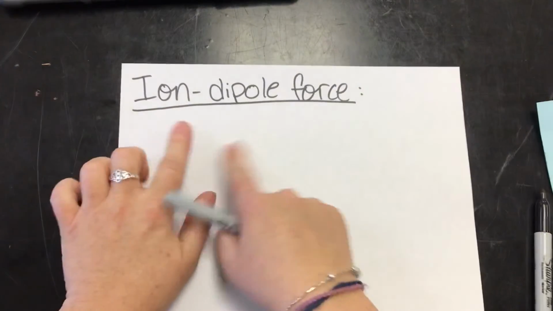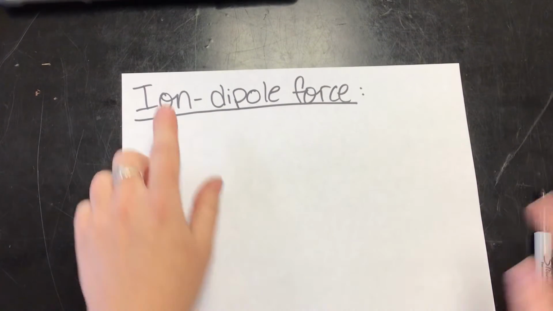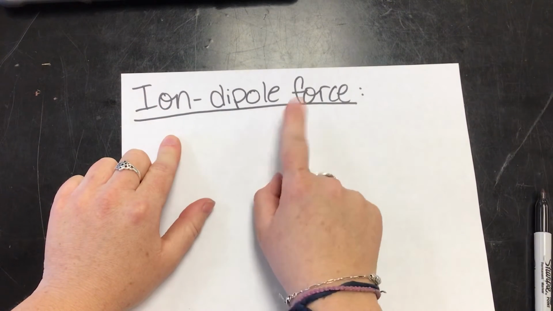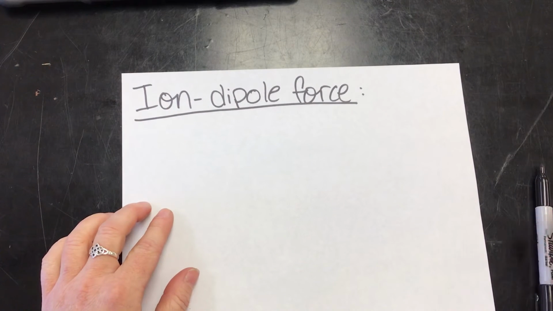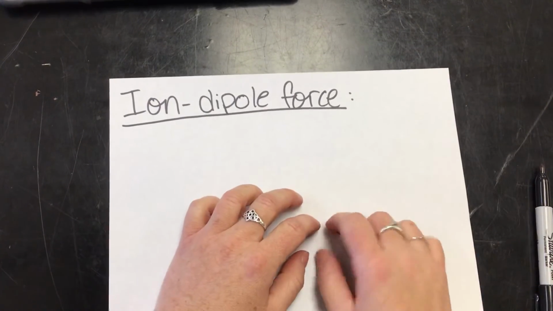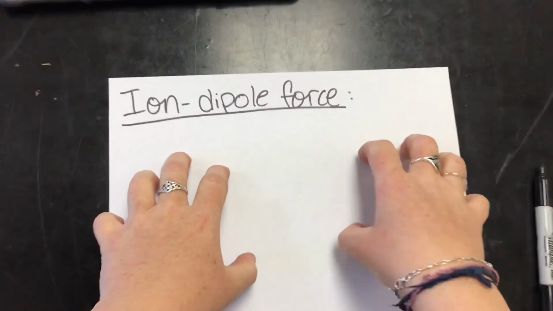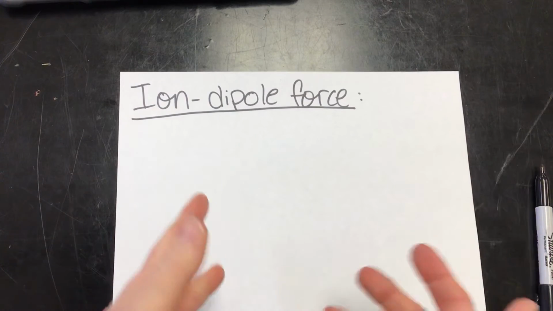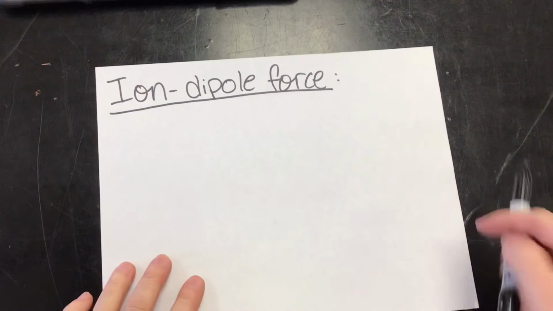The very last one that we're going to talk about is ion-dipole force. So it's exactly what you think. It's going to be an ion from an ionic compound feeling an attractive force toward a dipole from a polar covalent compound. Now, unlike our previous examples where we were looking at two water molecules or two neons, this one requires two different molecules, or sorry, two different compounds in order to get this force of attraction.